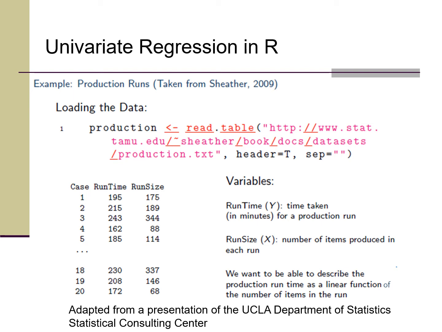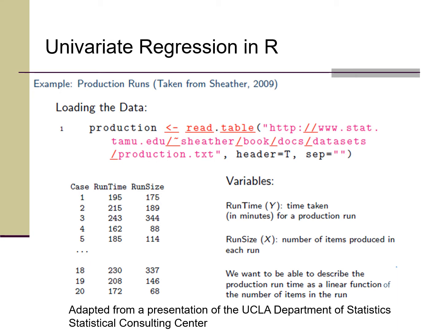So we're going to load in some data on production from a table that is located online. This is produced as part of a book, and we're going to read it in using read.table. If you look past all the HTTP stuff in pink, we're going to say there is a header, and that the separating delimiter is a space.